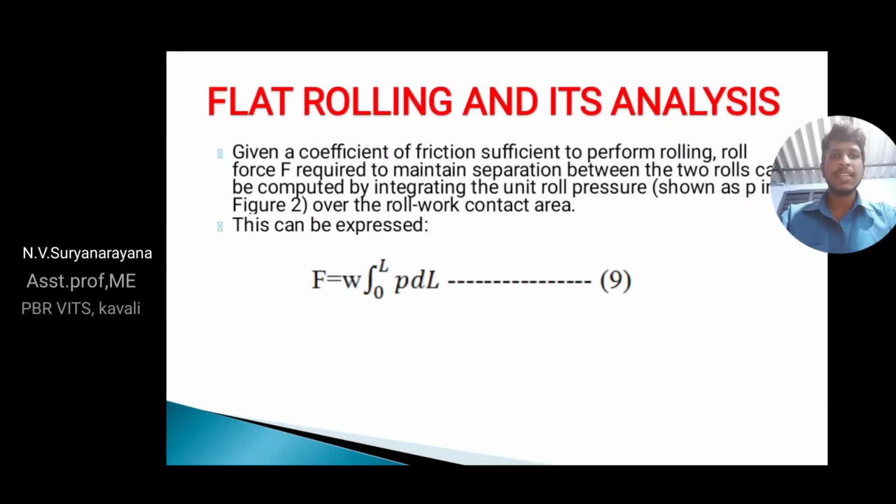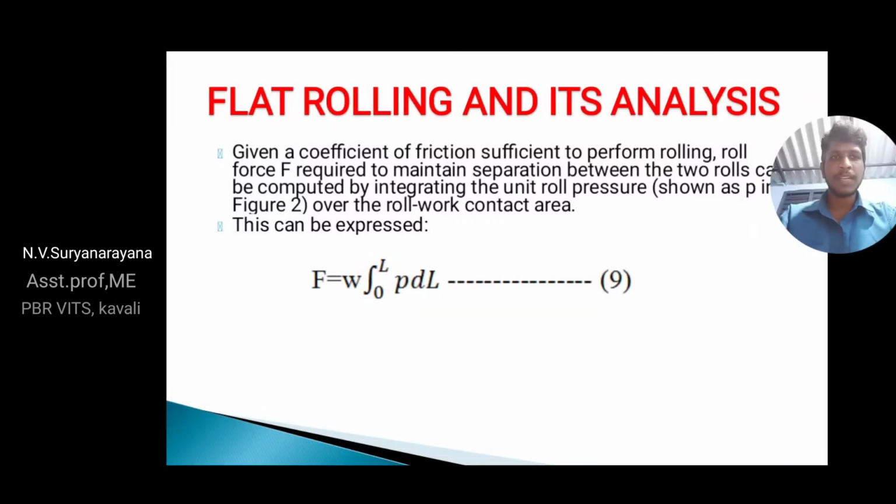Friction is a very necessary parameter. Friction plays an important role in the rolling process because if friction is 0, draft is 0. In that case it is impossible to maintain the friction between the two rolls.